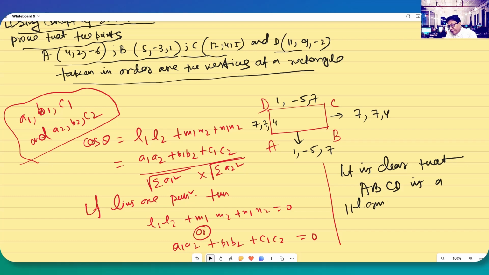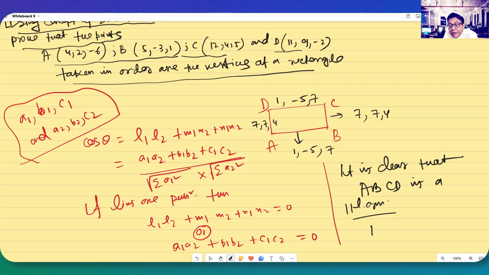Two lines AB and DC have the same direction ratio, AD and BC also have the same direction ratio, so it must be a parallelogram. Now you just need to prove that one of the angles is 90 degrees. It will ensure that all remaining angles are each equal to 90 degrees.